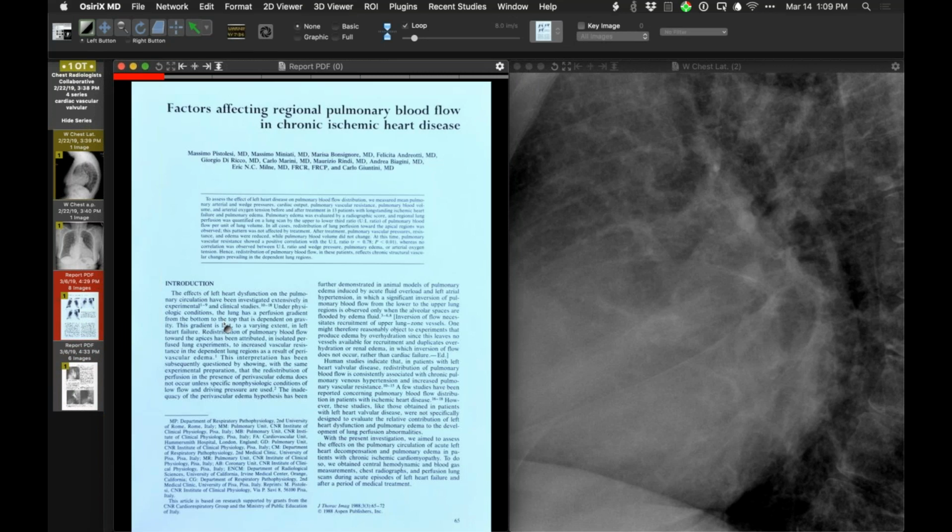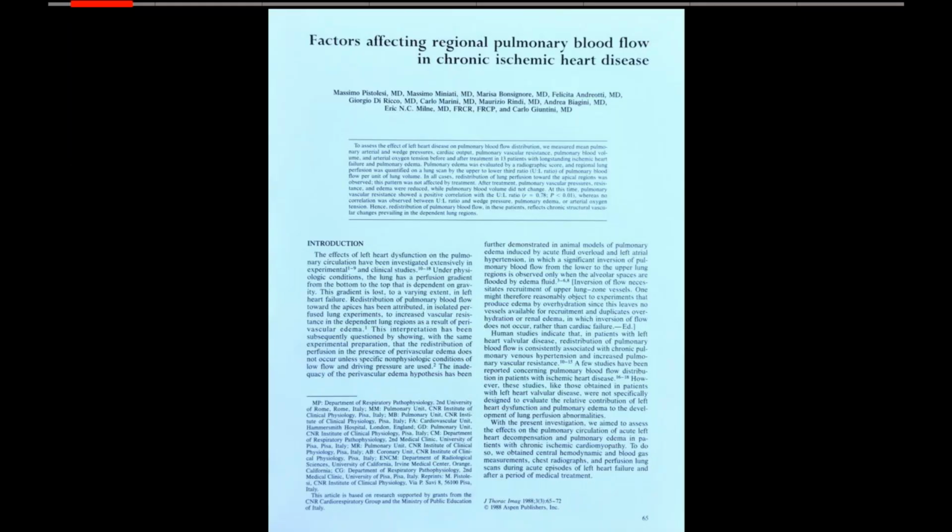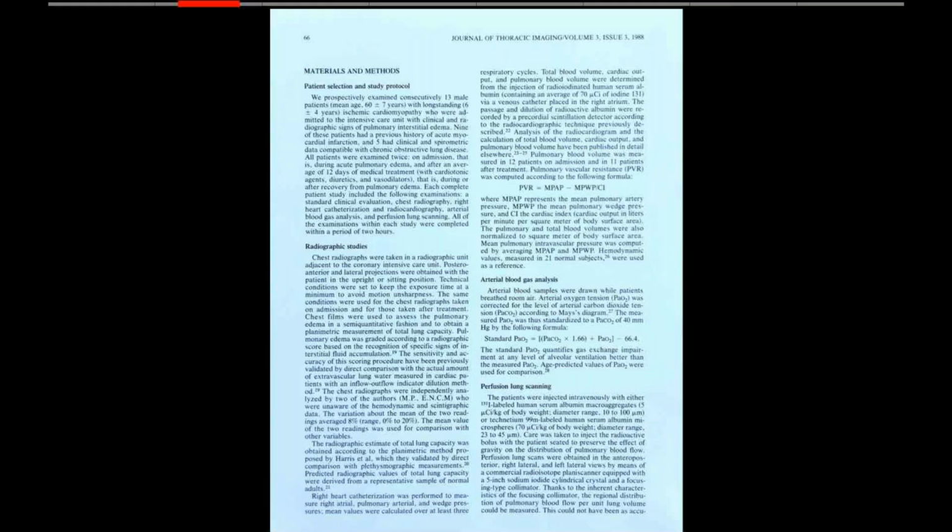So over a long period of time, structural changes occur in the pulmonary vascular bed, particularly in the lower lung zones, such as intimal hypertrophy, hyperplasia, and involving venules, so that the cross-sectional area of the pulmonary vascular bed is reduced, and for that reason, one gets the redistribution of pulmonary blood flow from the lower lung zones to the upper lung zones, and it's chronic and irreversible. So even if the left atrial hypertension is corrected, the structural changes remain.